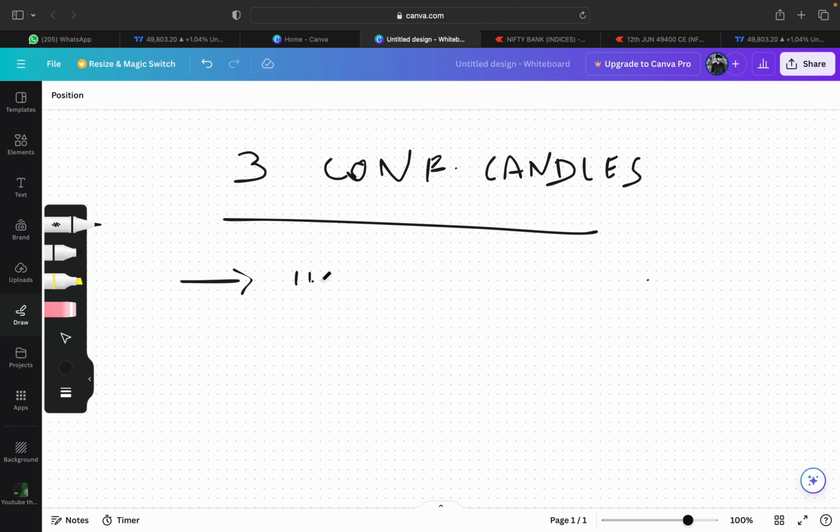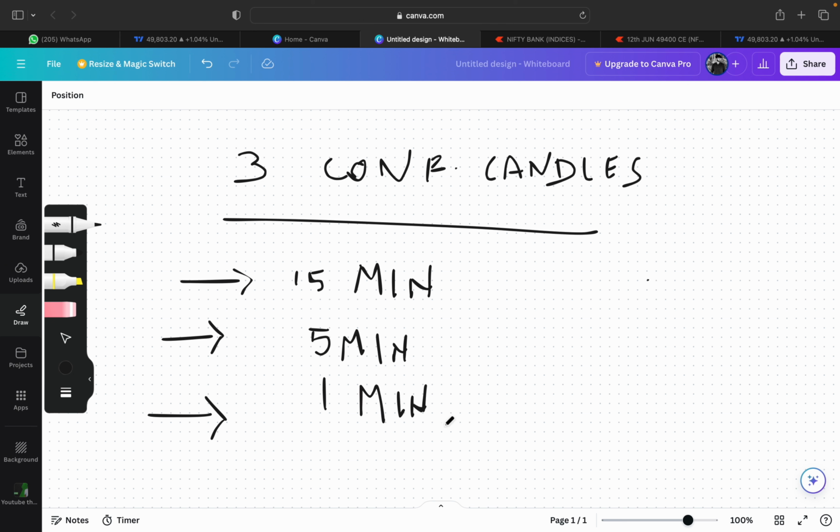First will be a 15-minute confirmation, then a 5-minute, and then a 1-minute. Okay. But the most important is the 15-minute. This is the base.